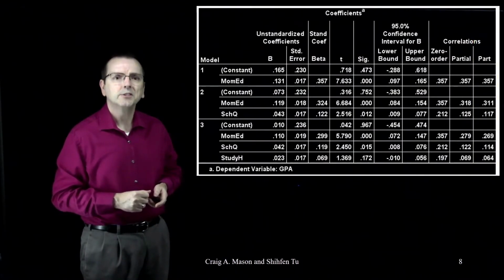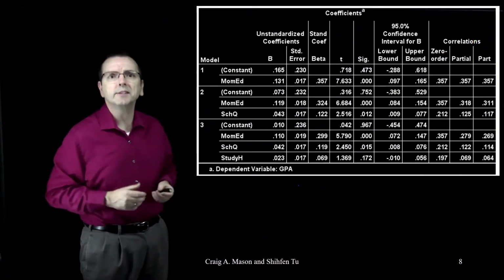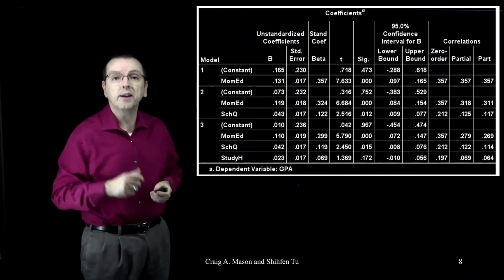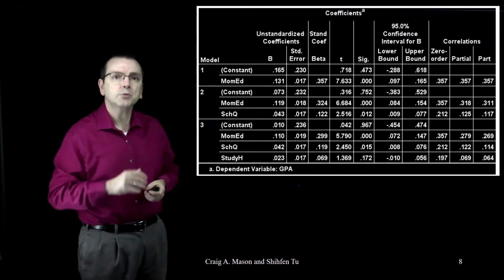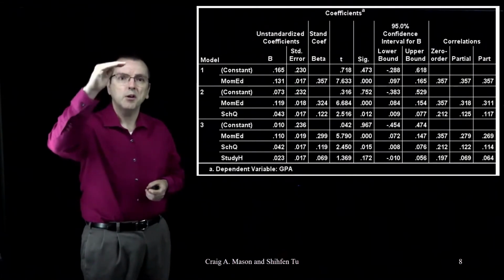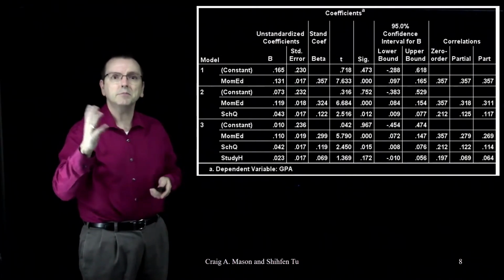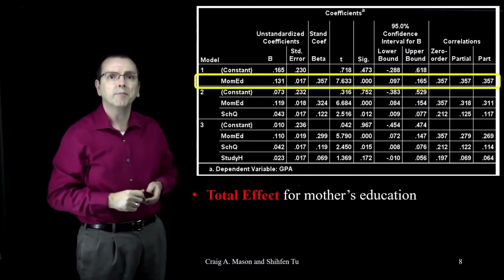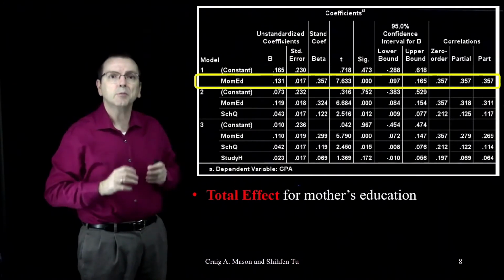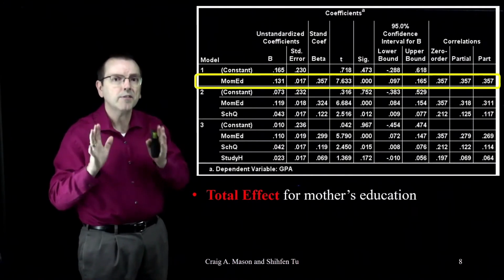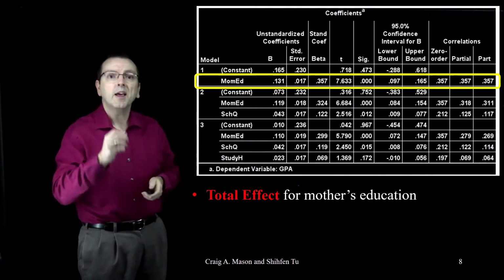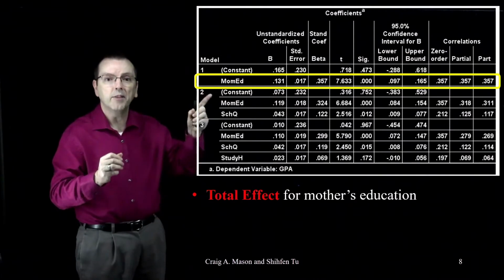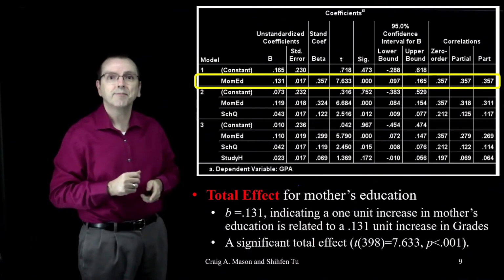All right? So how would we summarize the analysis that we've completed in our previous videos? Well, researchers will often summarize the results model by model, starting with model 1. Now, when interpreting the results, remember that all of the effects in model 1 are just different ways of describing the total effect of mother's education, right?